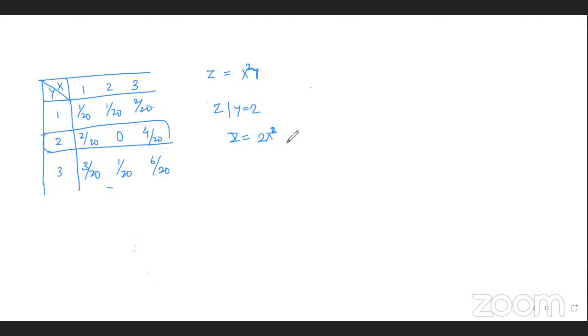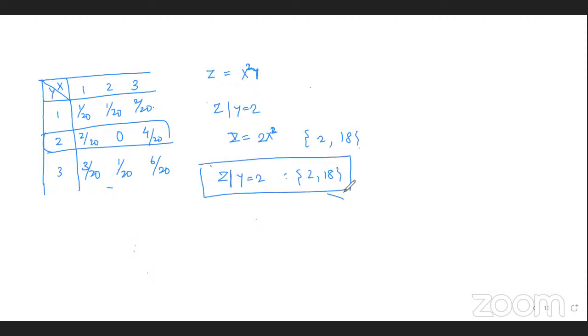For x equals 1 it is going to be 2, and for x equals 3 it is going to be 18. So the range for Z given Y equals 2 is 2 comma 18.